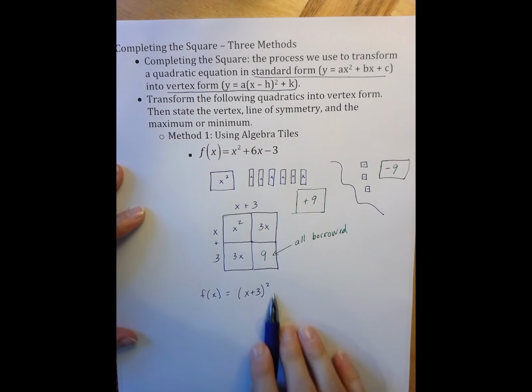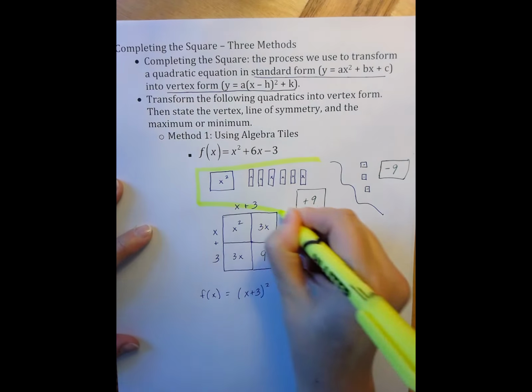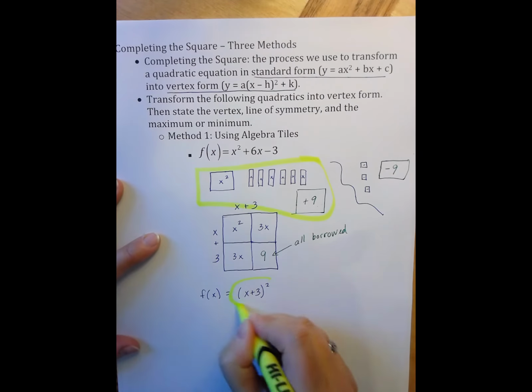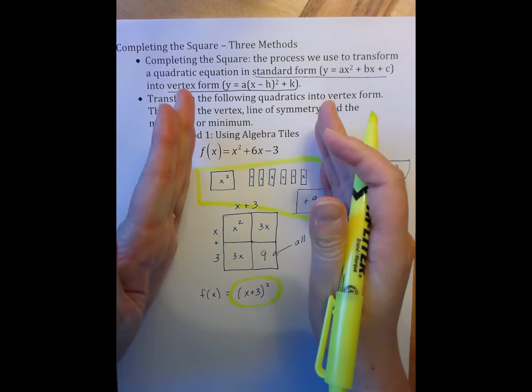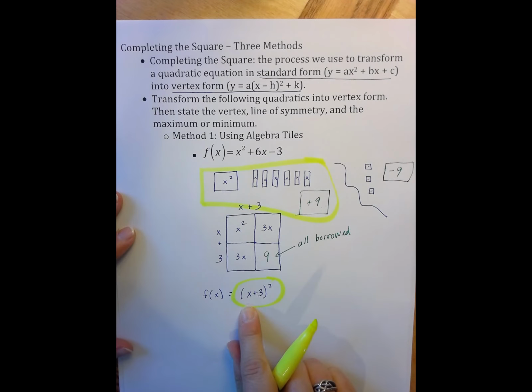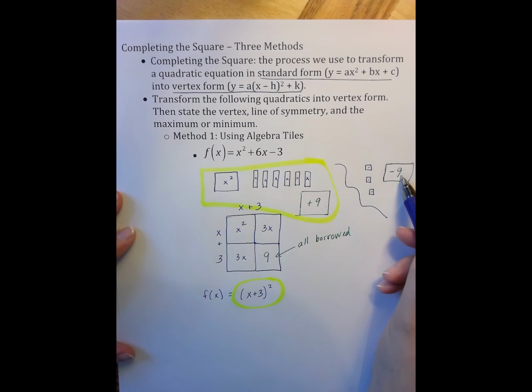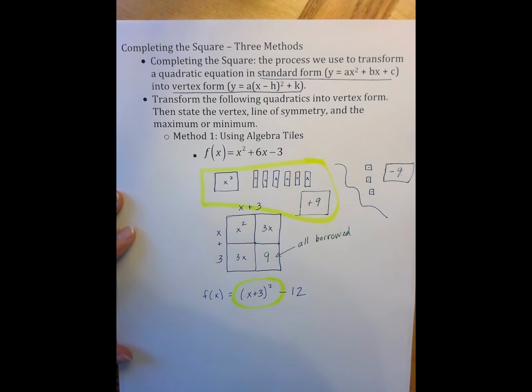But now I need to write my unit tiles in. So this side is this. I've now written exactly what I have on this side of my squiggly line. It's right there, x plus 3 quantity squared. But I still have the other side. I still have the minus 3 and the minus 9, which means I still have a minus 12.